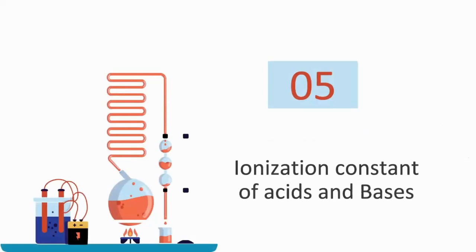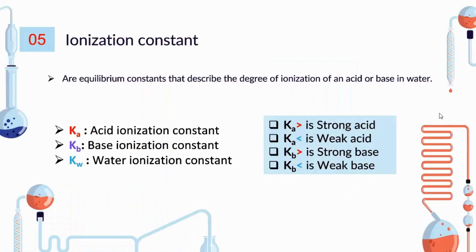And next is the ionization constant of acids and bases. Ionization constants are equilibrium constants that describe the degree of ionization of an acid or base in water. Here are the ionization constants: the acid ionization constant, the base ionization constant, and the water ionization constant.